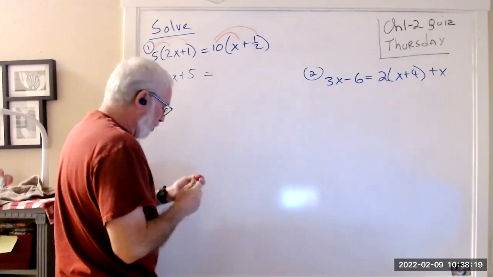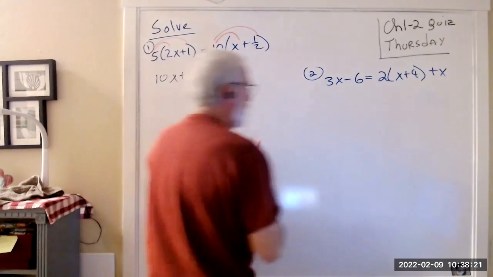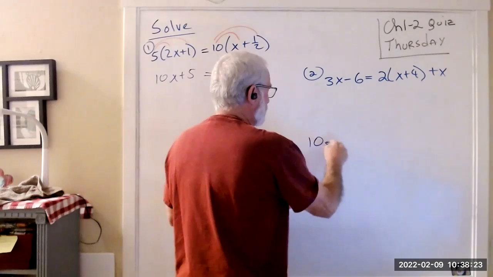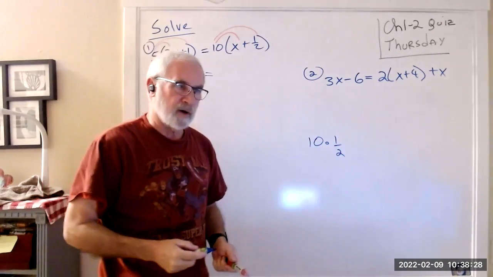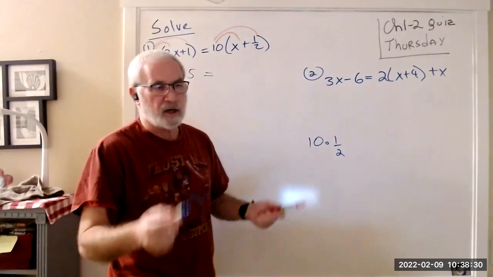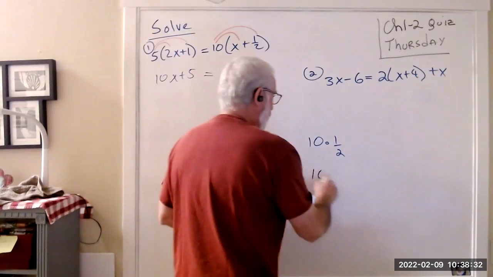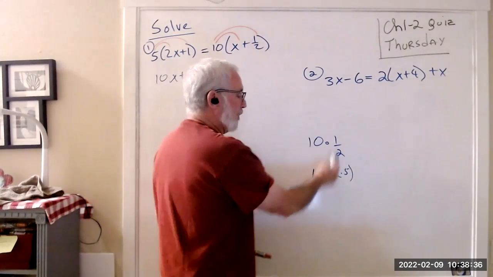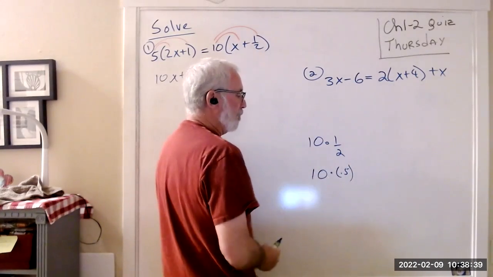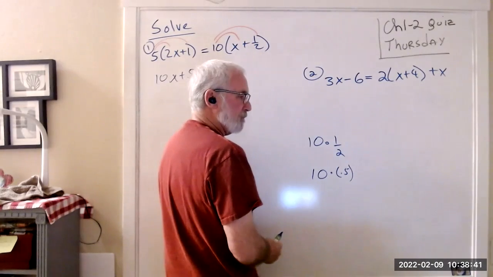Now, if you don't know what 10 times a half is in your head, go to your scratch paper and do it. Or go to your calculator and do it. 10 times a half. On your calculator, you could also go 10 times 0.5 if you remember that 1/2 and 0.5 are the same.